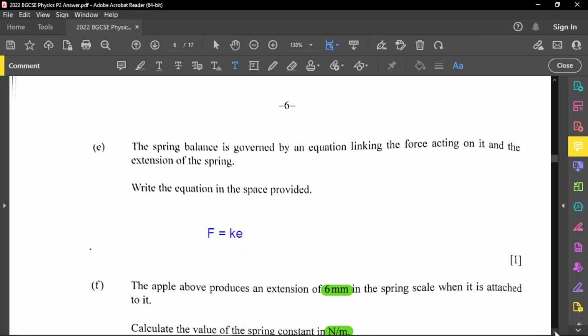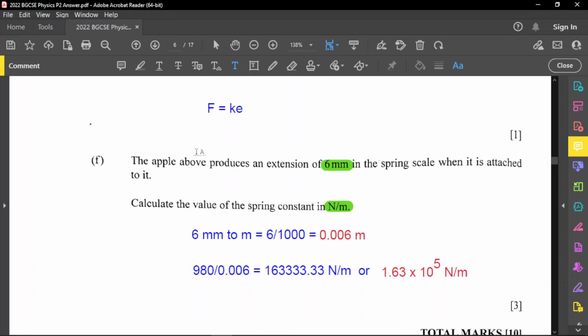Now for part F, it said the apple above produces an extension of 6 millimeters in the spring scale when it is attached to it. Calculate the value of the spring constant in newtons per meter. Again, we're going to use this formula to help us out. But before I go to that, notice here we have meters and here we have millimeters. So I have to make the units the same. We're going to convert our millimeters into meters by dividing by 1,000, which gives us 0.006 meters.